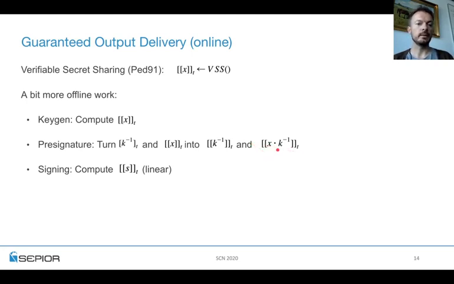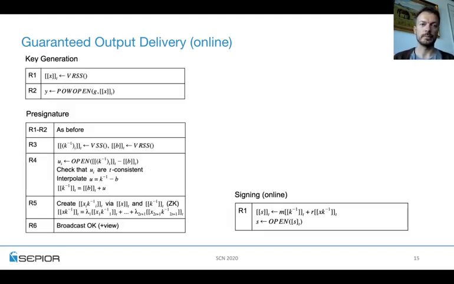If we can do that, then it's pretty simple in the online phase to compute a verifiable secret sharing of the signature value S. Again, as before, this can be done simply with linear operations. And that's all we need, because then any T+1 parties which are honest can actually see that the shares are honest and then recombine the sharing.